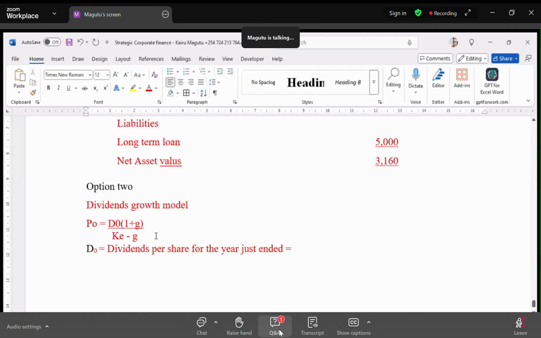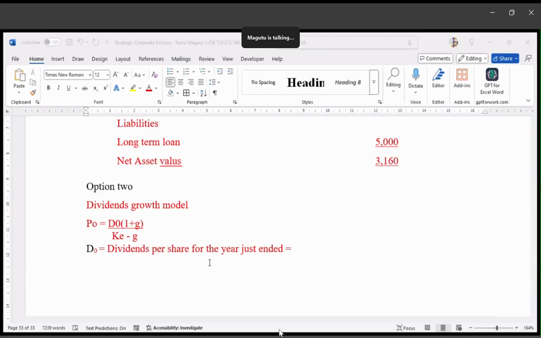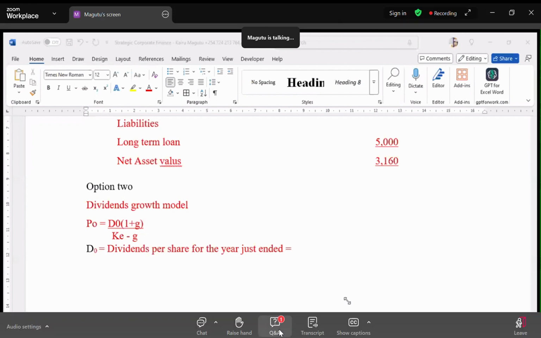Can we establish the dividend per share for the year just ended? Someone to tell me how much is the dividend per share for the year just ended? Let me see whether we are together. What is the dividend for the year just ended?